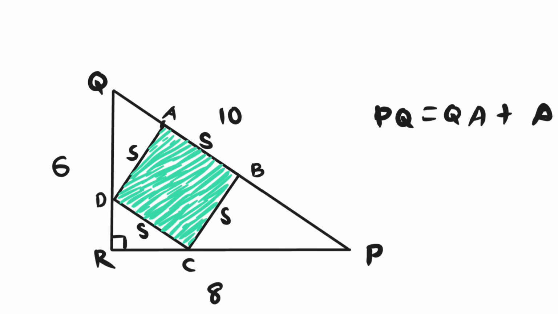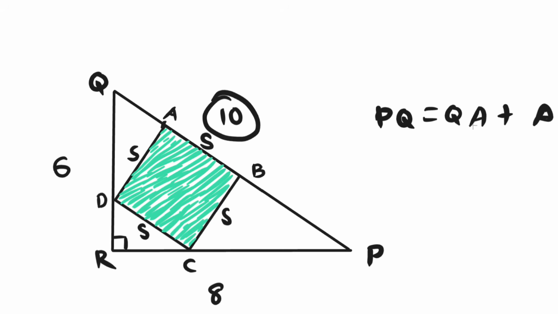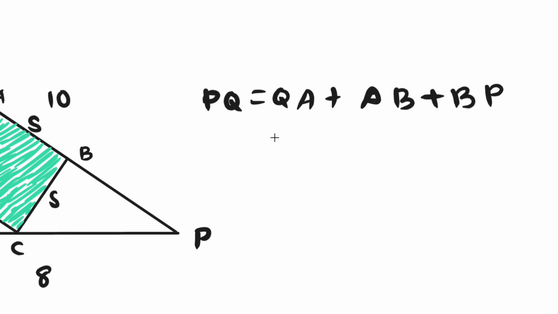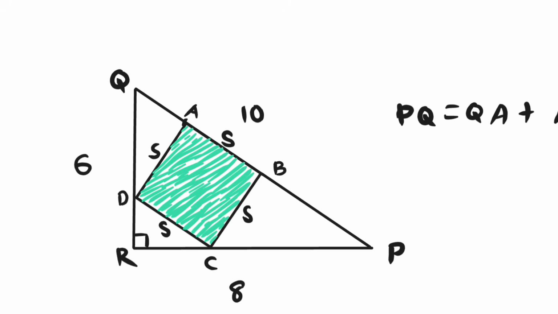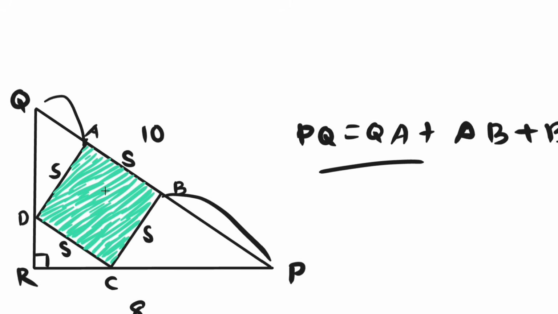We already know that the total hypotenuse PQ is 10, and we also know that AB is one side of the square, so AB equals S. That means if we can express QA and BP in terms of S, then we can substitute everything into this equation and solve for the side length of the square.